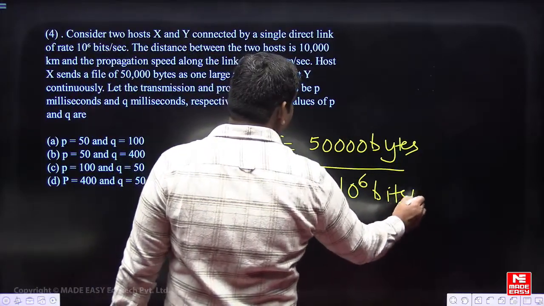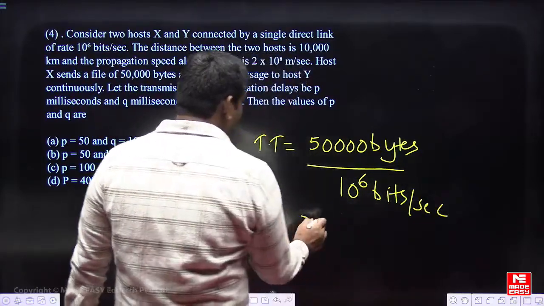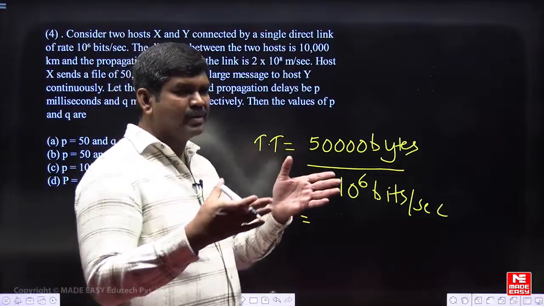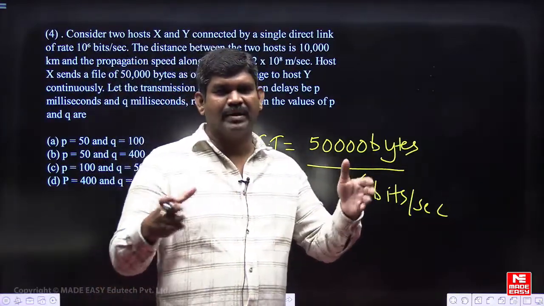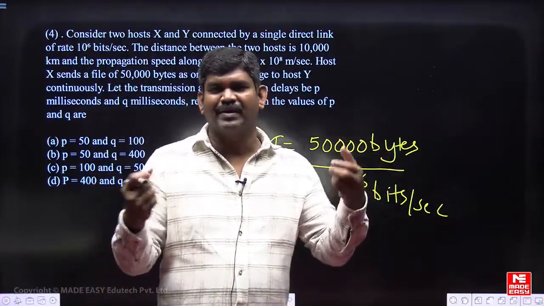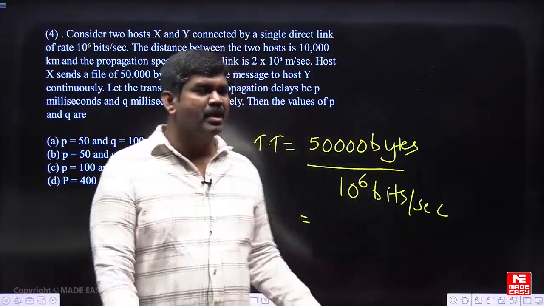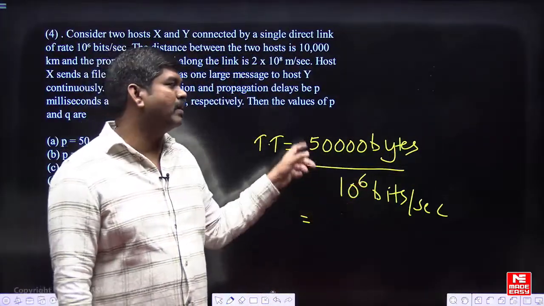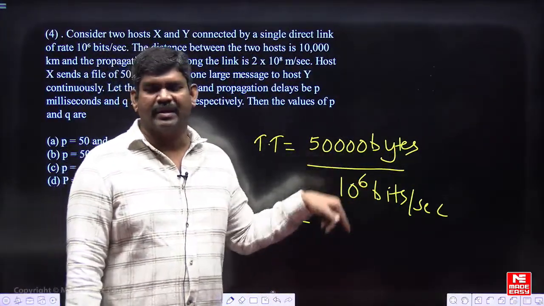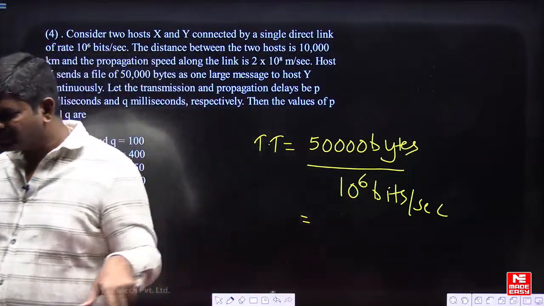This is the rate at which you transmit. When the bandwidth is more, the frequency is more, so you can send more bits in less time. When the denominator is high, the overall value is less, time is less, so data will go faster.